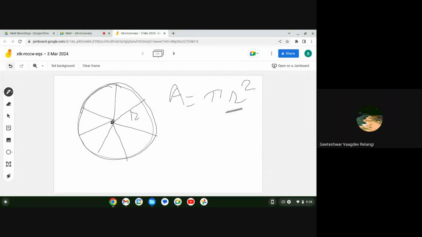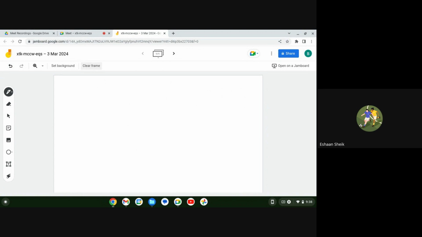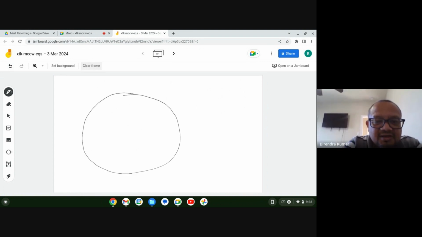In a circle, there's nothing inside, it's just a circle. So how do you find the area without the radius? Look at this. If I'm talking about a circle, look at this circle or this circle.